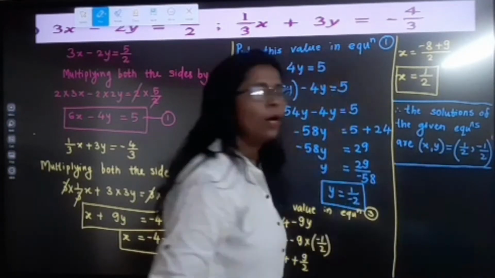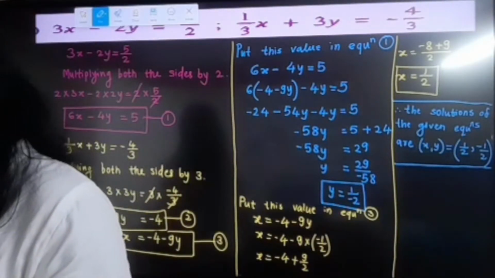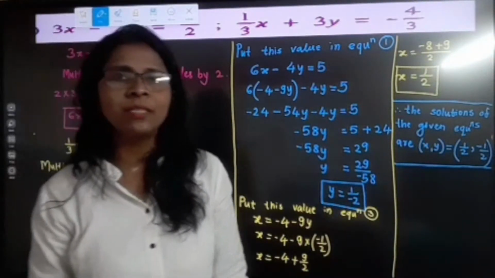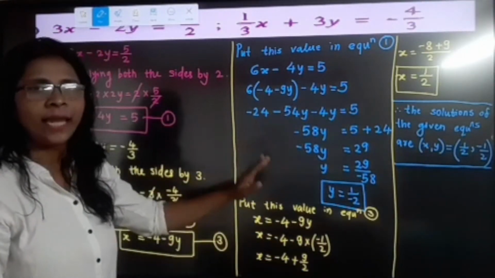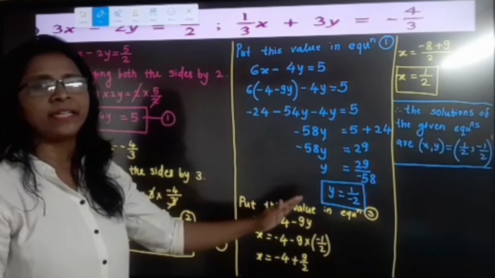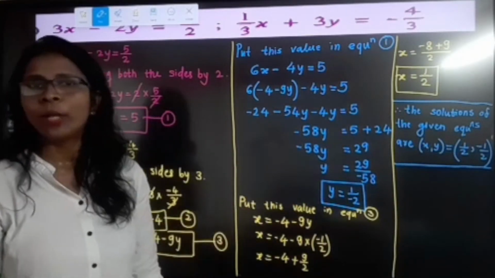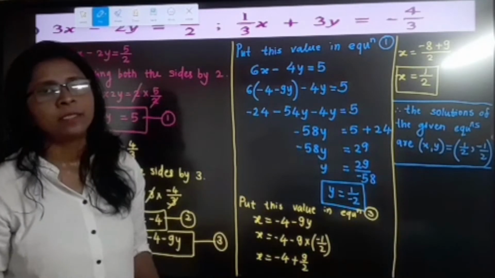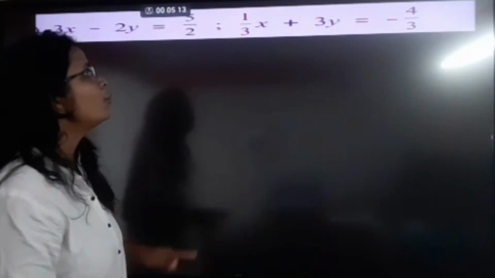Okay students, 1 upon 2 and minus 1 upon 2. Okay students, in such a way we can calculate or find out the value of the given variables that are given in the example. So in such a way we can solve the two examples, students.